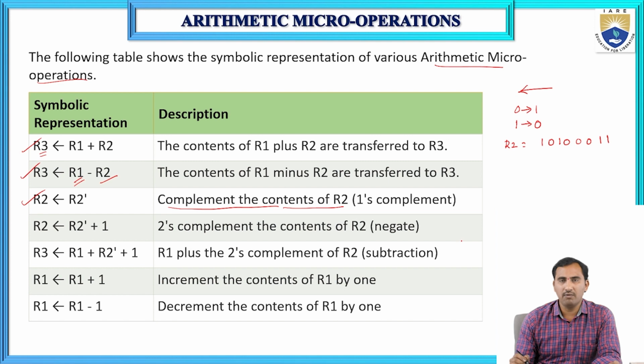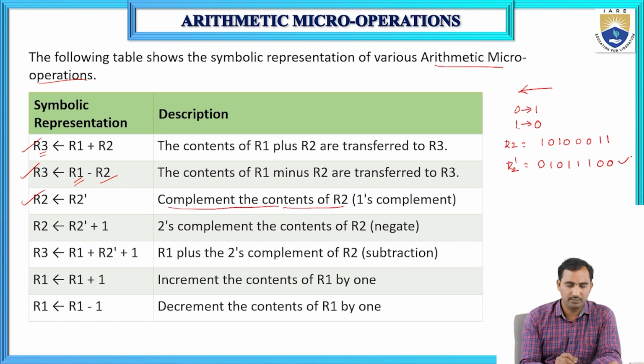So the complement of R2, R2 dash, is, as we have seen, 0 becomes 1 and 1 becomes 0: 0 1 0 1 1 1 0 0. So this is the complement of R2.